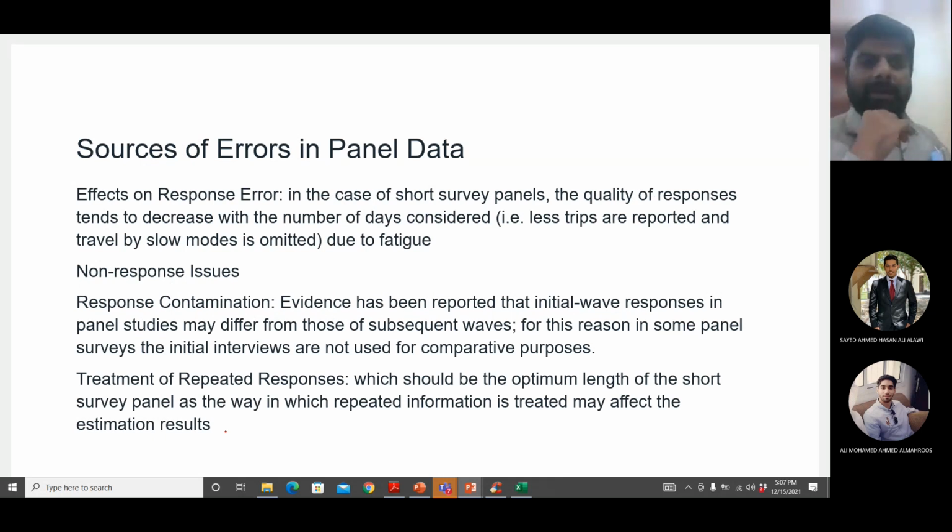Okay, in panel data, the errors can be these. We can have effects on response error. In case of short survey panels, the problem is people get bored. Okay, why is he coming to me and asking the same question? He already knows the answer. He knows about me. Okay, what will change from yesterday that I will answer today?